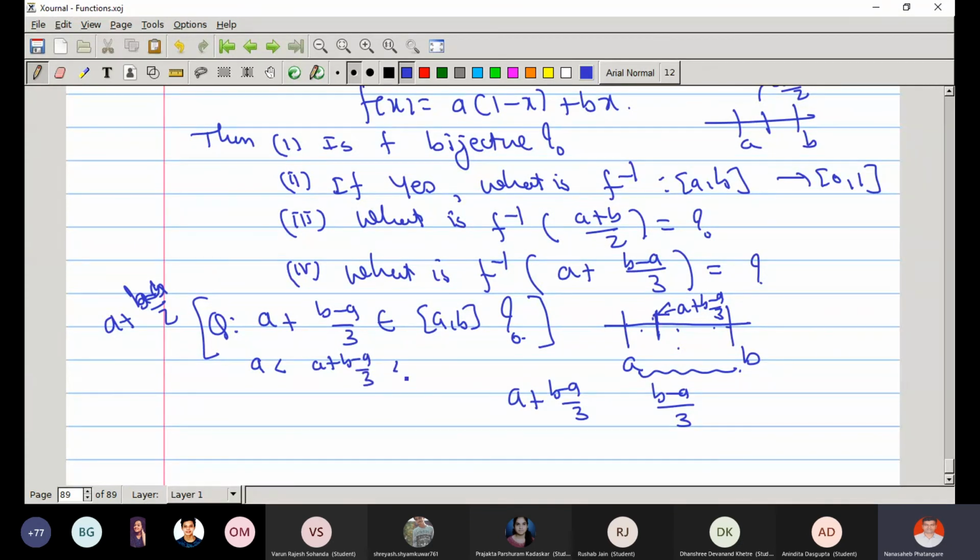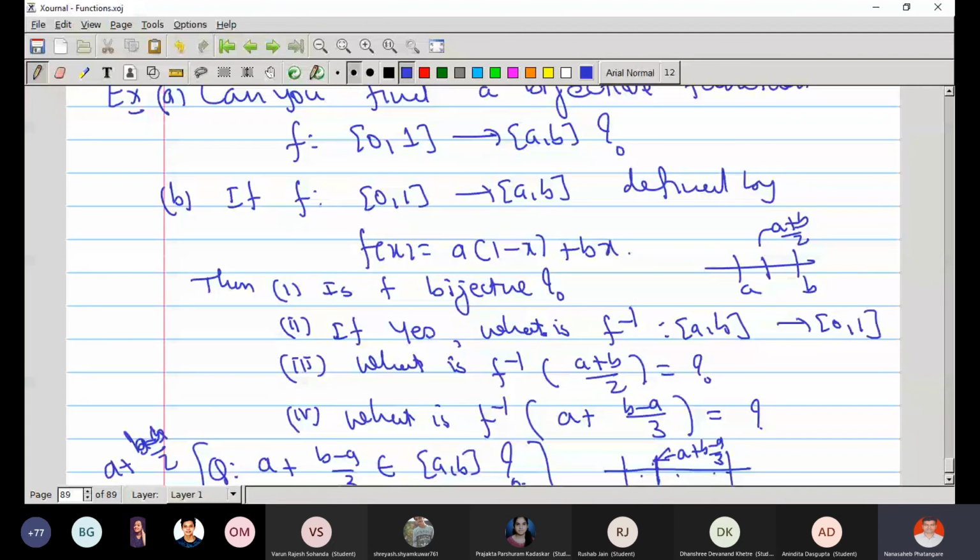So now the question is clear. Check that f is a bijective function. If yes, find the inverse function. Find the inverse image of (a plus b) by 2. This is a particular element in the interval (a, b). Find the inverse image.